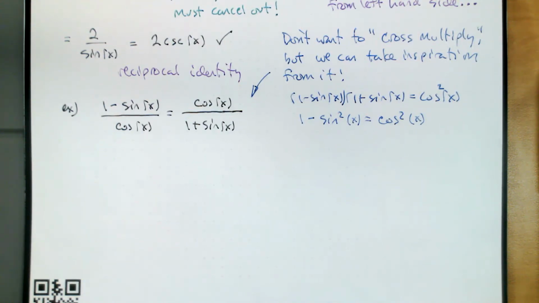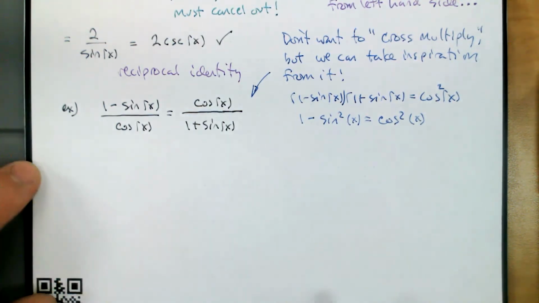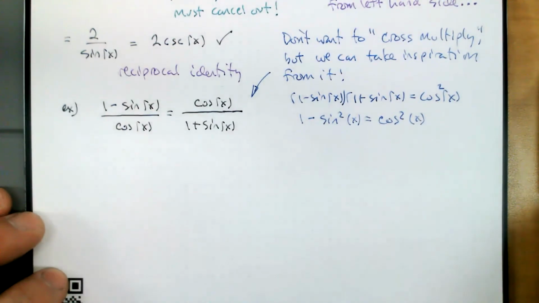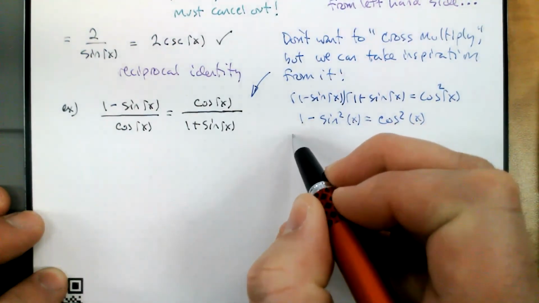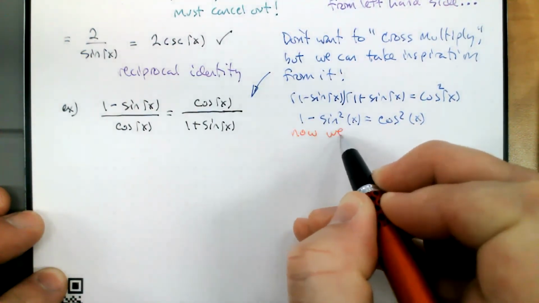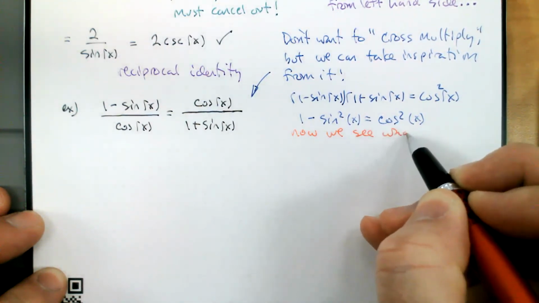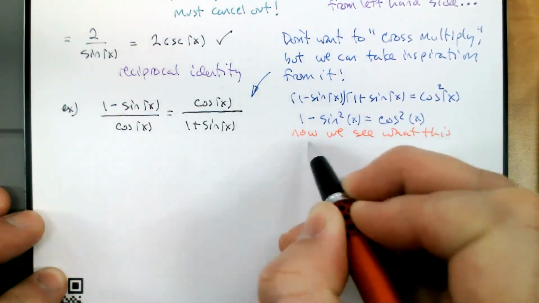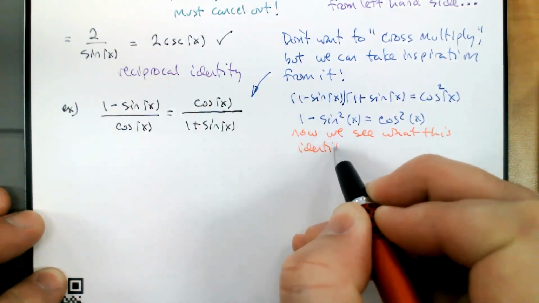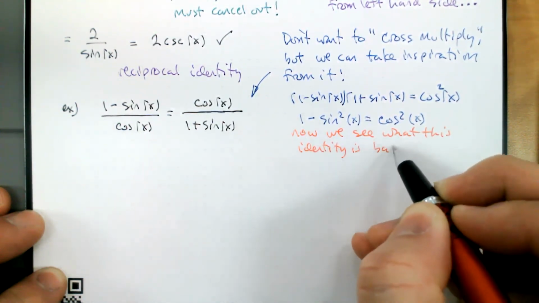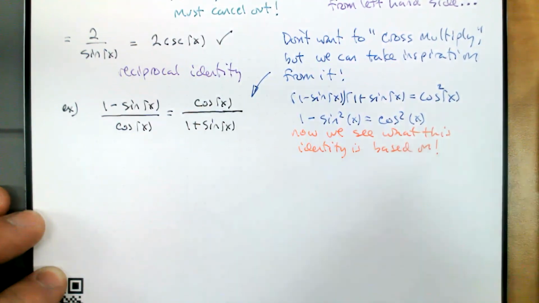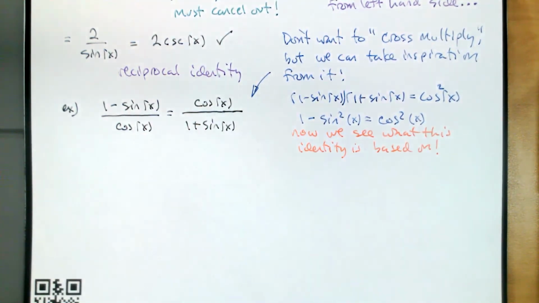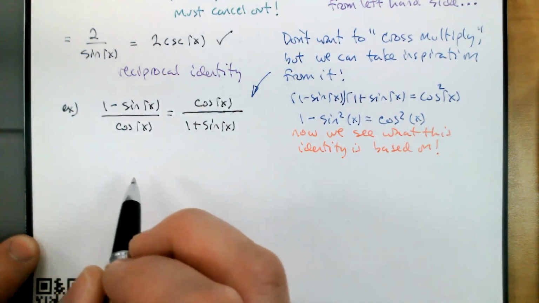So let's see how we could use that. I'm going to start with this cosine over 1 plus sine.